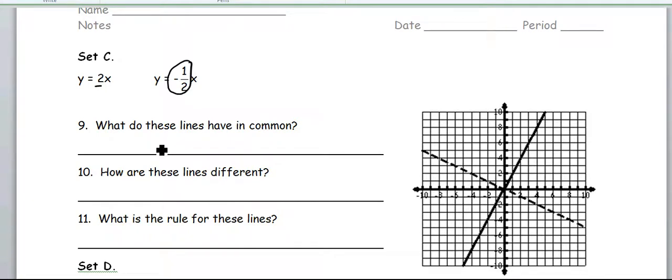Well, it doesn't look like they have anything in common, except, I don't know if any of you noticed this or even know that a slope of 2 and a slope of -1/2 are opposite reciprocals. We'll talk more about that in a moment. They're opposite reciprocals.